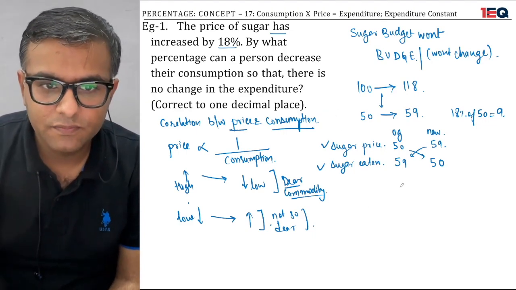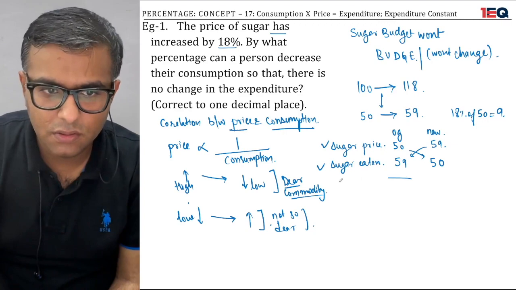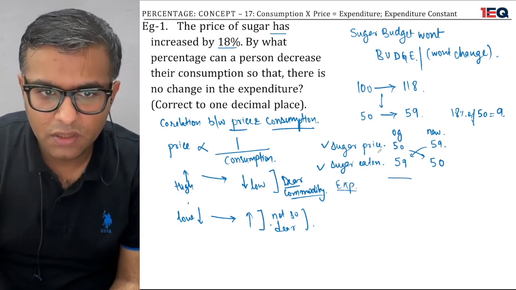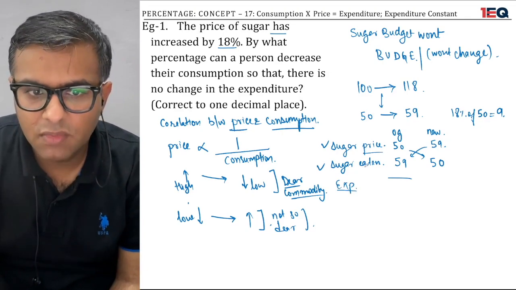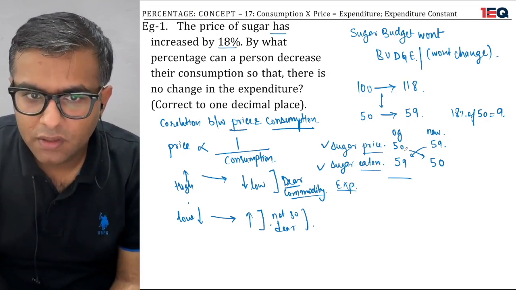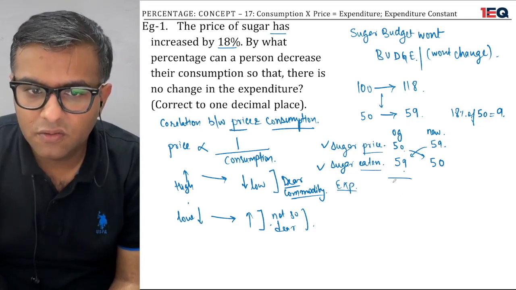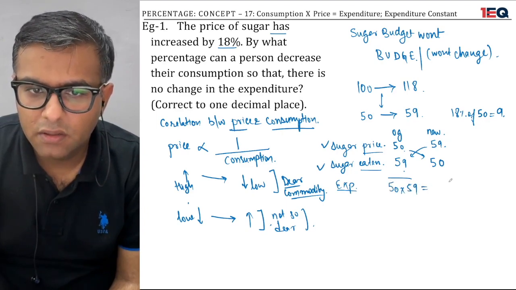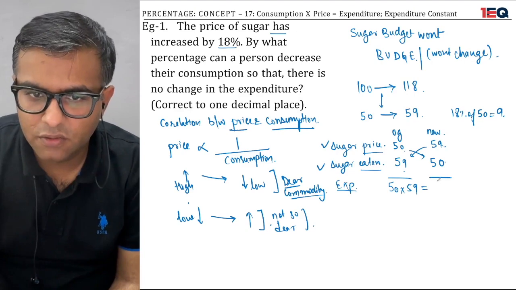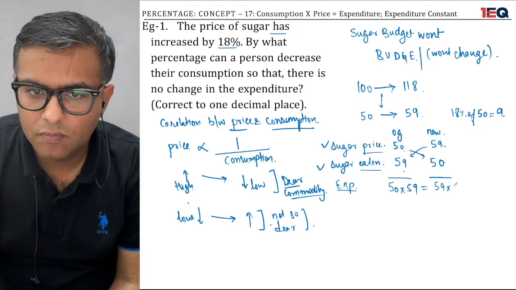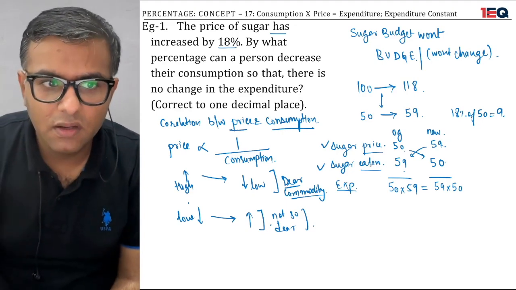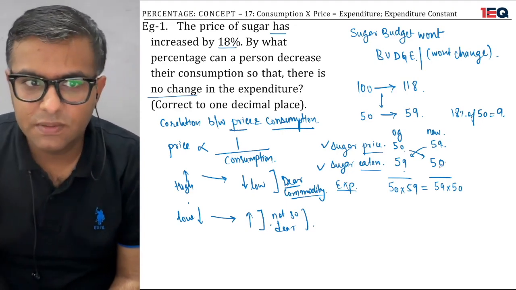So the question is the expenditure. The expenditure comes out to be the price multiplied by consumption. The expenditure here is 50 into 59, and the expenditure here is also 59 into 50. So we have achieved the point where there is no change in the expenditure.